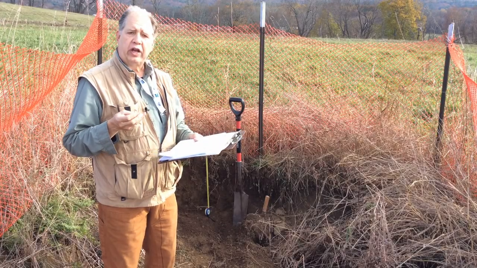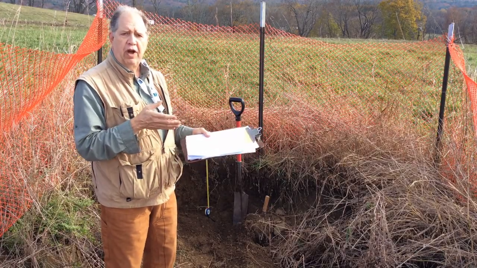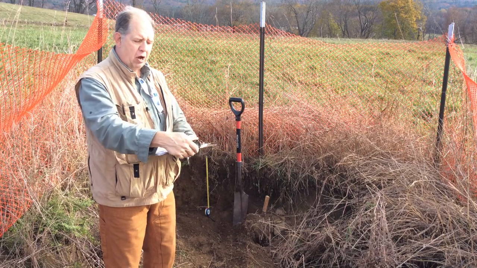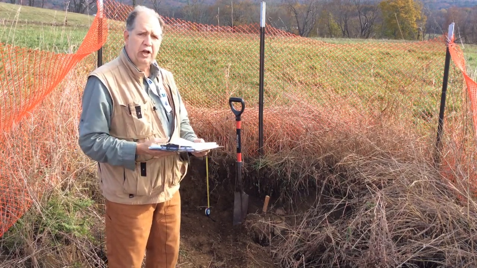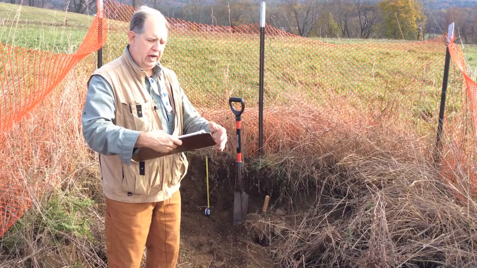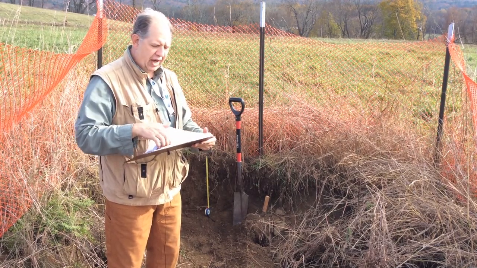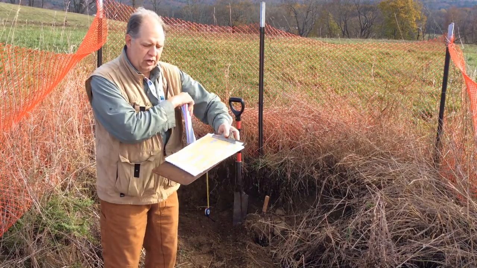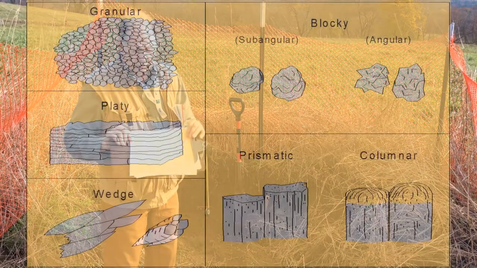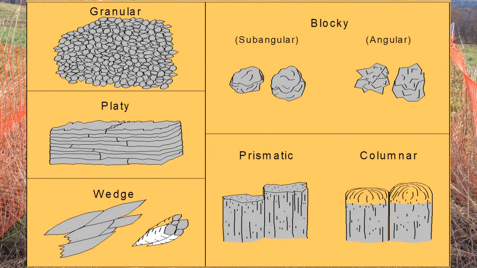So let's take a look at a natural soil profile here, and I'll pull out some pieces of the soil and we'll see what the structure looks like and whether we see any compaction. When I talk about soil structure, those are the ways that our soils are chunked together.